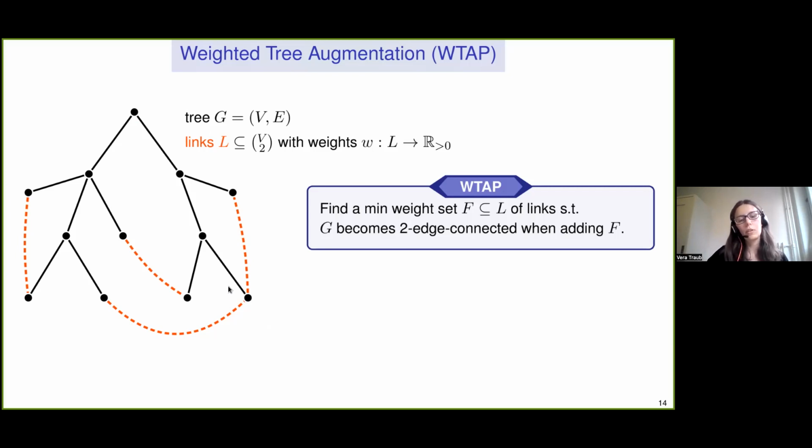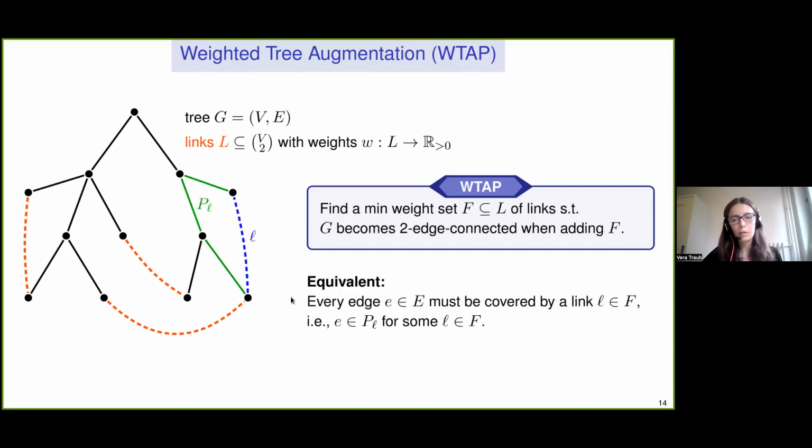So essentially, I want to cover all the cuts that contain just a single edge of my tree G by links. This allows me to view weighted tree augmentation as a covering problem, where my links should cover all the 1-cuts of my tree, which simply correspond to the edges of my tree.